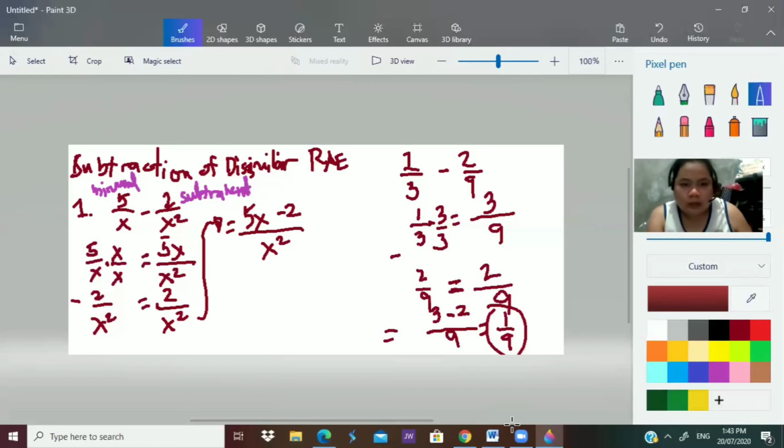Pero dito, dahil hindi na siya factorable, if you're going to recall the 6 kinds of factoring, hindi siya factorable. Okay? So, wala nang common factor yung numerator at denominator, and at the same time, they are relatively prime. So, therefore, this is now our final answer.